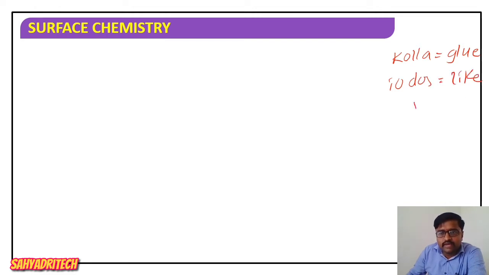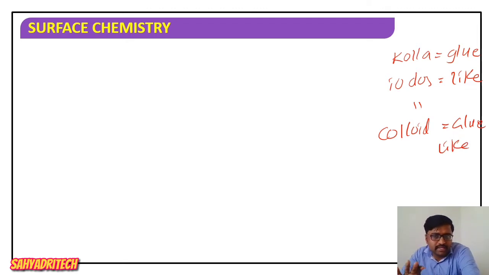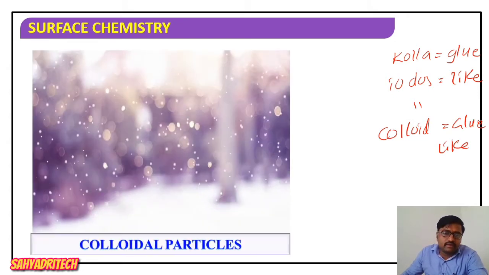So the entire word colloid means it is a glue like a substance. I hope you got the meaning of that. What is to be remembered here? Colloids are glue like substances. Well, we get the actual meaning of a colloid.